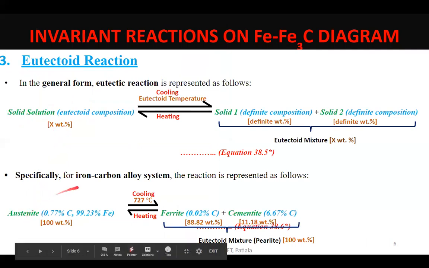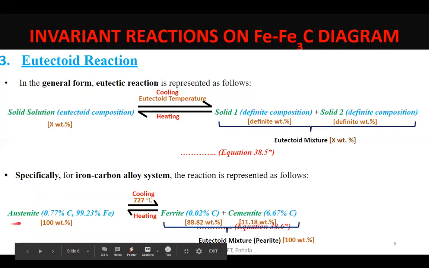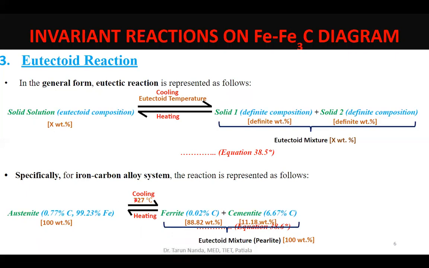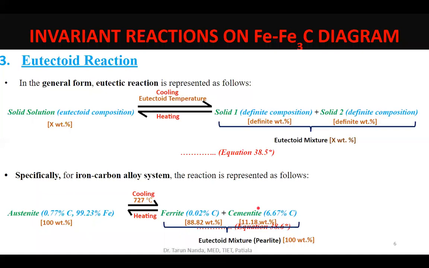If the iron carbon system is being cooled and it reaches the eutectoid temperature, which is 727, and if austenite phase is present, and it would always be of 0.77 percent carbon at 727, then the eutectoid reaction would occur, because of which this entire austenite, whatever amount was present, will convert into eutectoid ferrite and eutectoid cementite.